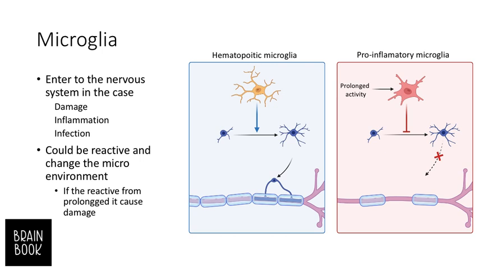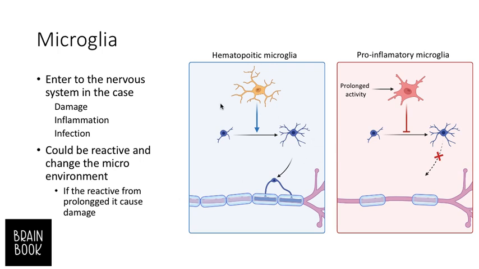For example, when the nervous system faces infection, they change to their reactive form and do their activity. And there is another point here: when they become more reactive and this reactivation is prolonged for a long time, they themselves cause damage to our nervous system.